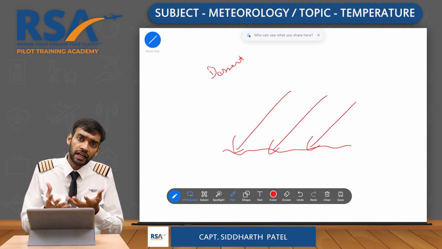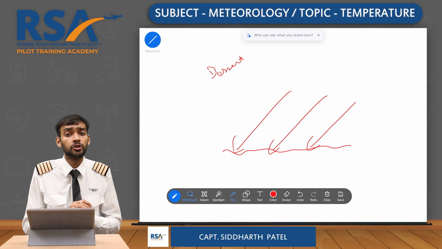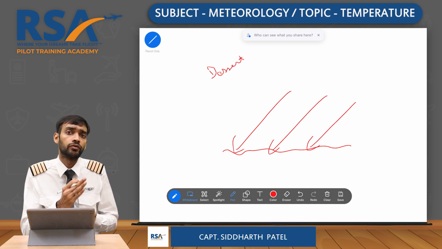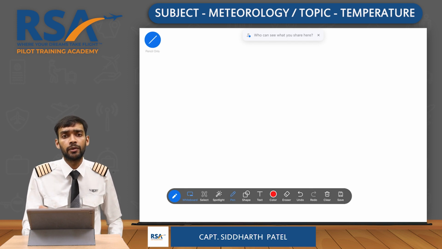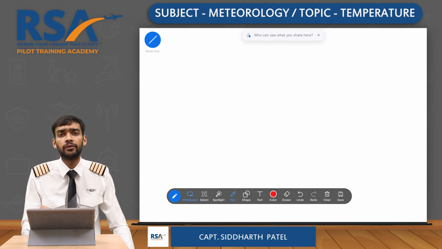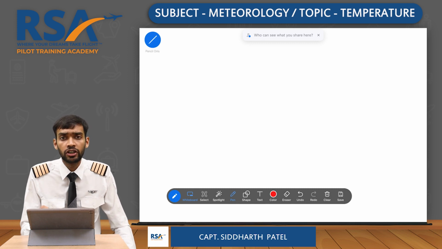So the desert place starts getting warmer faster, and during the night time it starts getting colder faster also. So a desert place will have maximum diurnal variation of temperature when compared to water, because water has a greater specific heat.